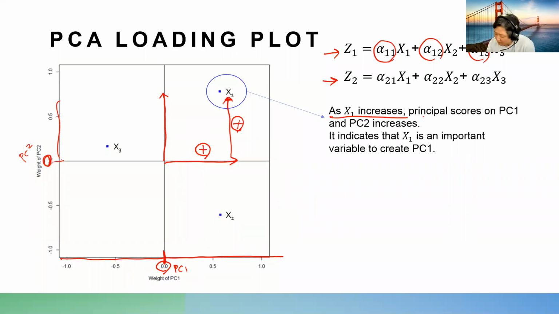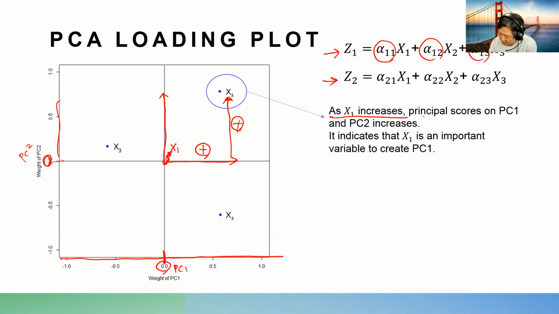Okay. What if you have this kind of thing? This is x1. If this x1 is here, x1 doesn't really contribute to creating PC1, right? As x1 increases, PC1 increases very minimally, and PC2 increases.